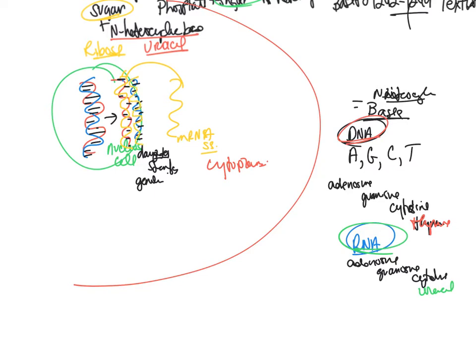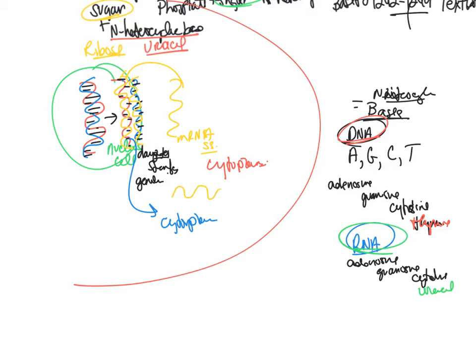Okay, and then it can come out into the cytoplasm, and what it does then is it base pairs and then it comes out. Okay, so then it comes out here. Okay, and then so it gets the information.